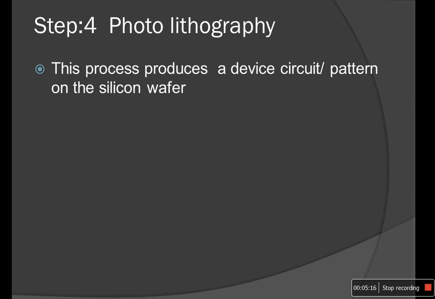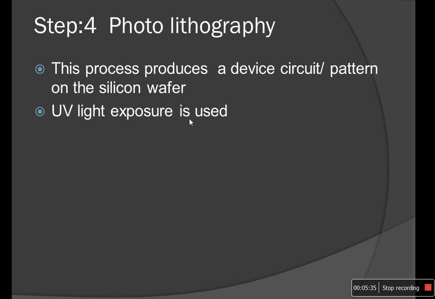that pattern on the silicon wafer will be made using photolithography. The process produces the device, circuit or pattern on the silicon wafer. In order to produce the pattern, we are using UV light exposure.